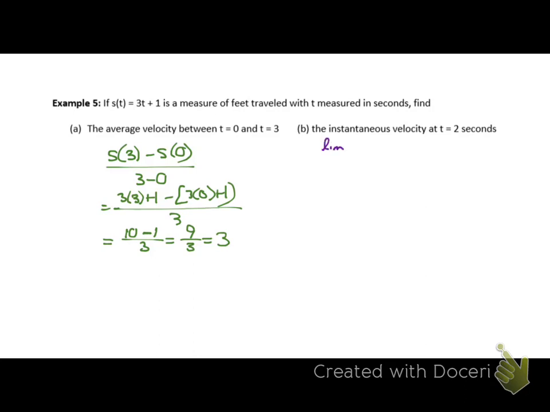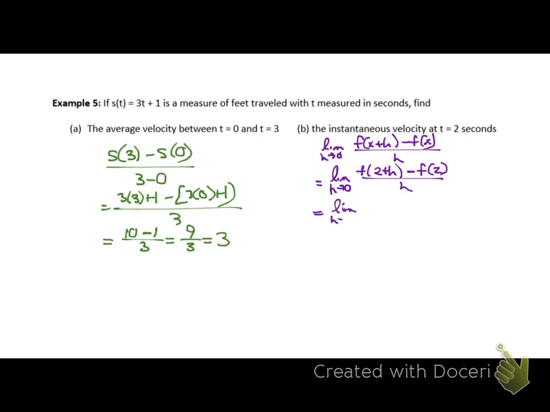So the limit as h approaches 0 of f of x plus h minus f of x all over h. We get the limit as h approaches 0 of f of 2 plus h, because we want to find the instantaneous velocity at 2. Always write down all the equations if possible.